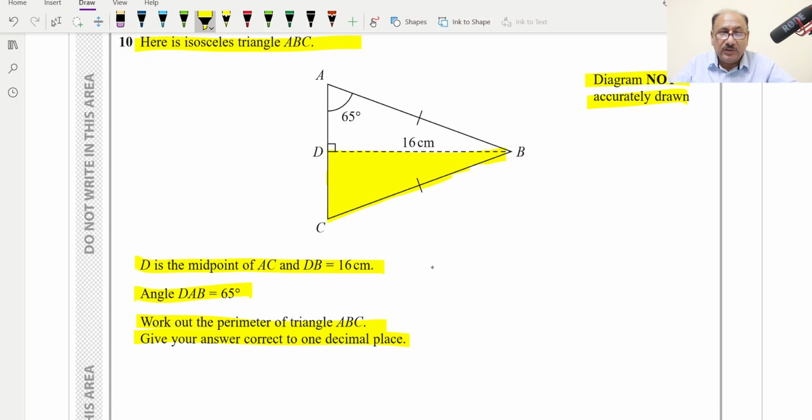In this one side is 16 and this angle is 65, so this angle will also be 65 degrees. Why? Because these two sides are the same. In this triangle, we have to basically find the lengths of the sides.